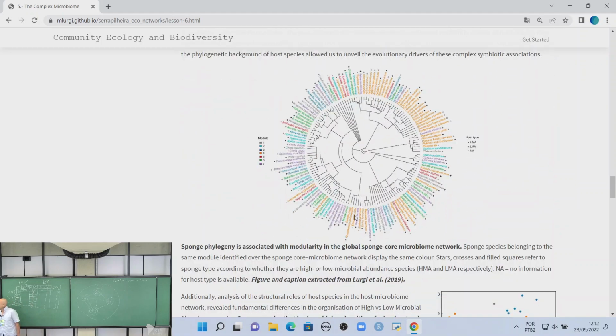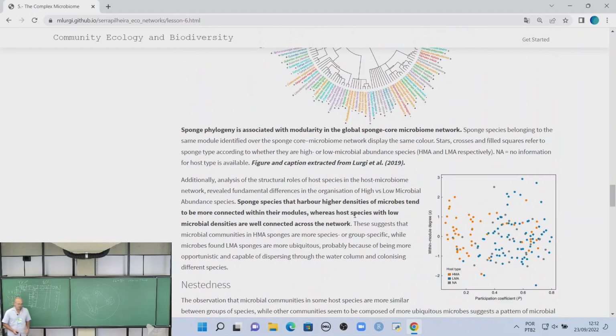One way of using this information is by looking at, for example, our sponge data set here, microbiome sponge. We have here, again, the participation coefficient and the within module degree. And here I'm plotting different species of sponges, different types of hosts, in different colors.